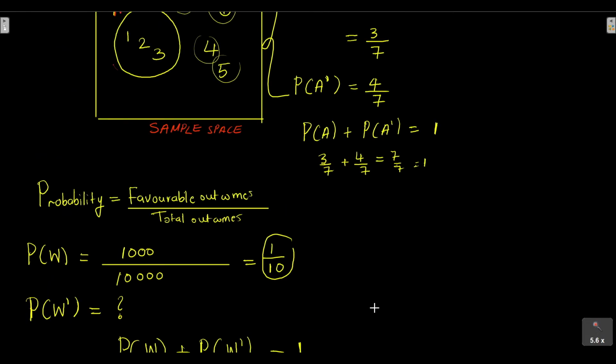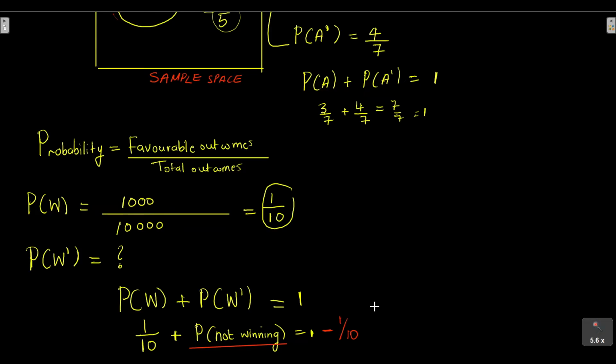Okay, so that's basically it when it comes to the complementary rule, especially when they want you to calculate the probability of something not happening. Think of, okay, what is the probability of that particular event happening? Are we given information when it comes to that?